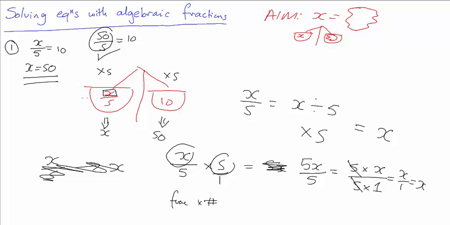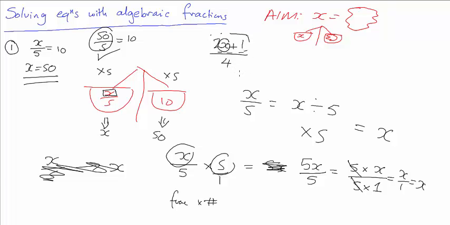Now, there's actually a bigger general rule here, as you're going to see more and more fractions. If you have any algebraic fraction where you're trying to find x, it's almost like that whole thing is trapped by being divided by the bottom number.